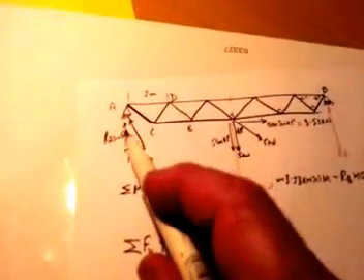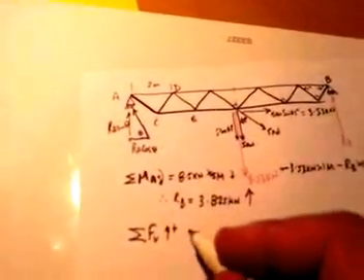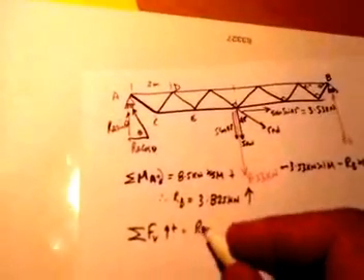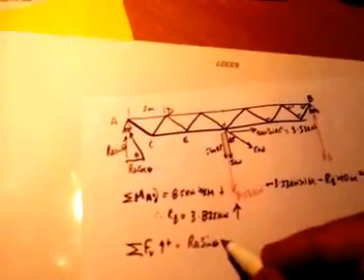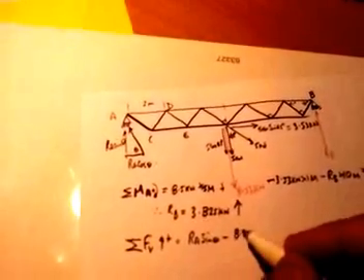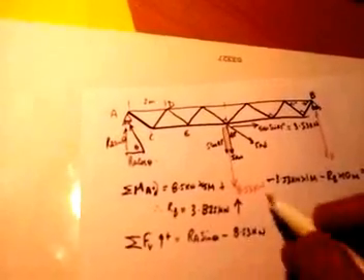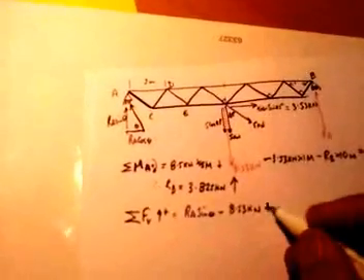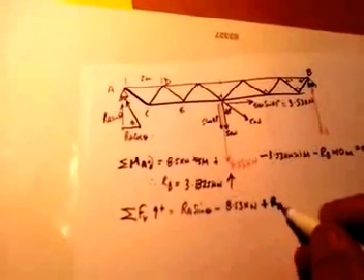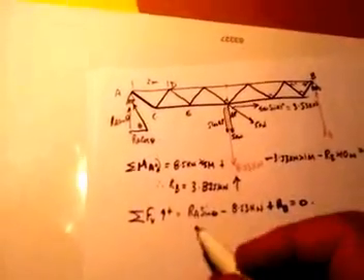We're going to get the component here, RA sine theta, minus the 8.53 kilonewton force acting downwards, plus RB, equals 0.